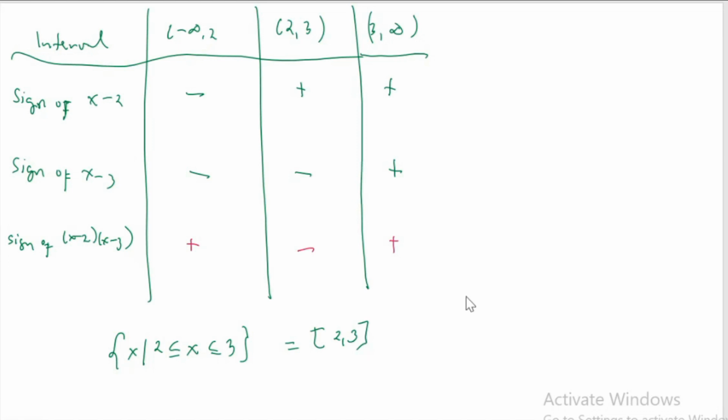In graphing, we have 2 and 3 as closed dots. Connect the points, and this is now the solution of the inequality.